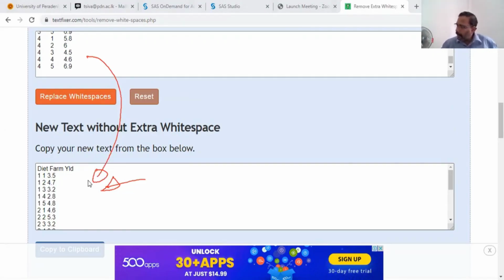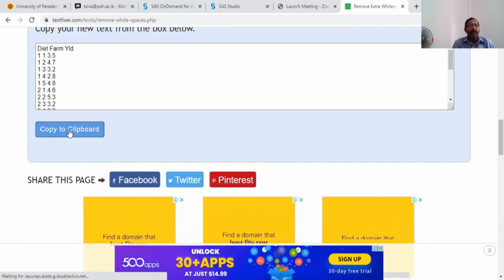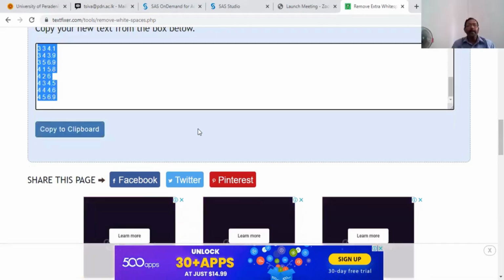So now I'm going to copy this. For the copying, you go a little further. You see, copy the clipboard. I'm going to copy this. Now it is copied.